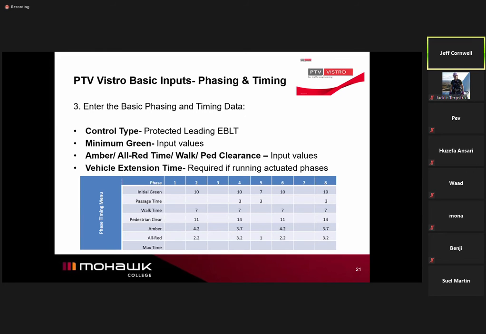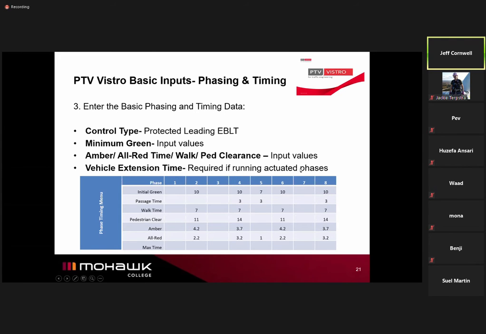If not, the right version's there now, and you'll have all these numbers here. So you're gonna want to add in to Vistro your control type. In this case, you're gonna have a protected eastbound left turn phase. You're gonna enter your green, your amber, all red, walk, ped clearance, and remember to add vehicle extension time.